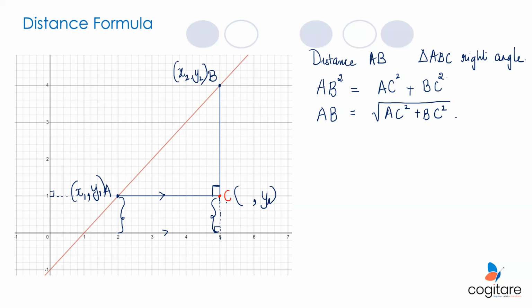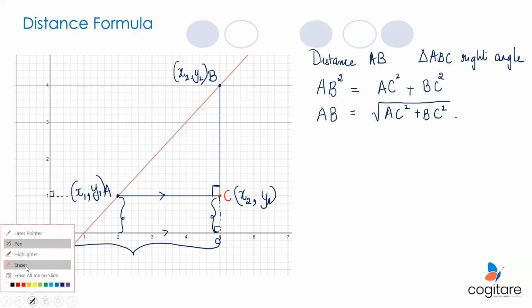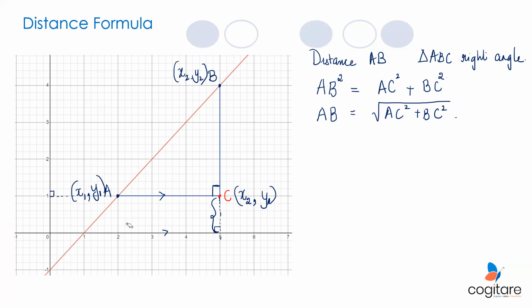What about the x coordinate of the point C? The x coordinate of point C is actually the x coordinate of point B. Why is that? Because the x coordinate is the perpendicular distance from the y-axis. So both point C and point B are at the same perpendicular distance from the y-axis. So comfortably, we could write this as x2. Right, guys? So you got the coordinates of point C.